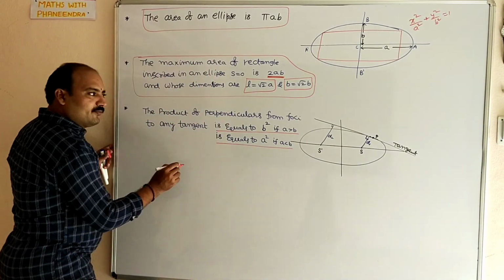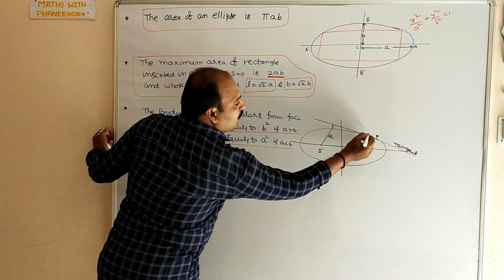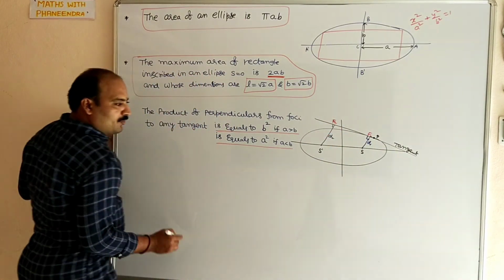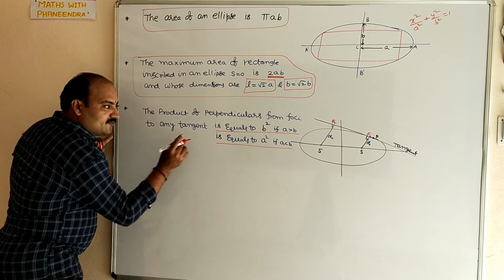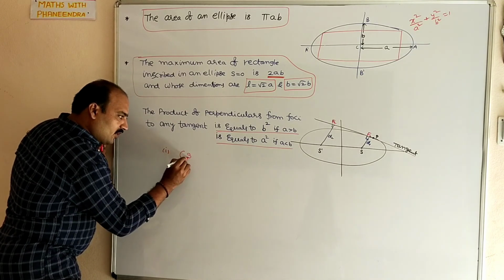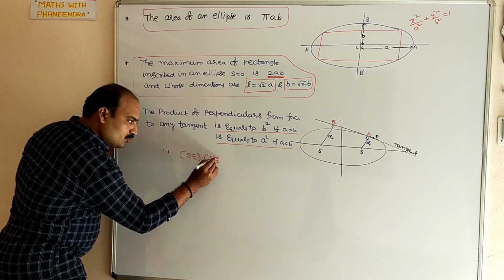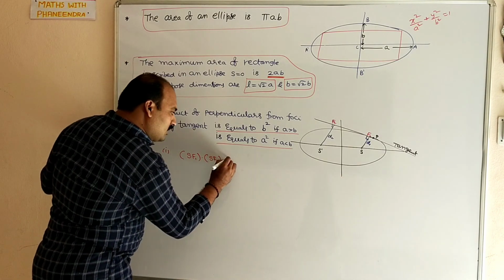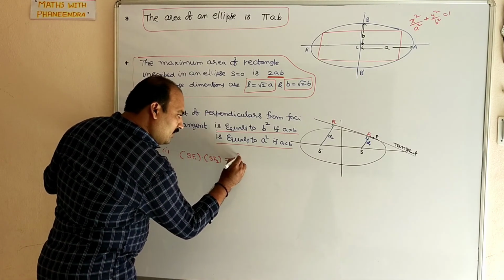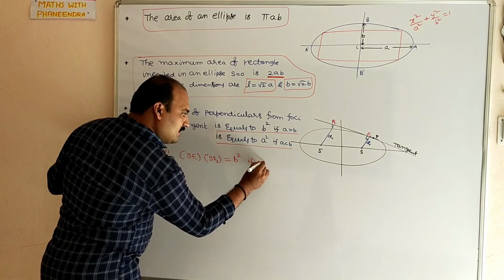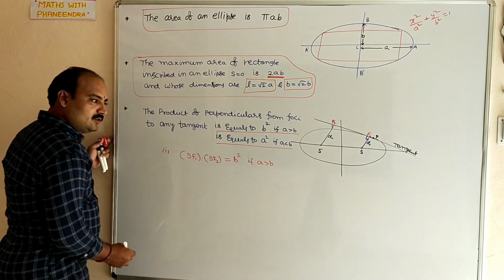Separately I am writing. Suppose F1 is the foot of one perpendicular, F2 is the foot of another perpendicular. This first case I am writing here: SF1 into SF2 is equal to b square if a is greater than b.